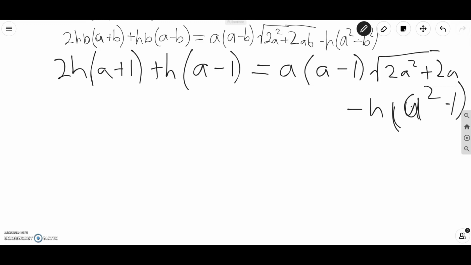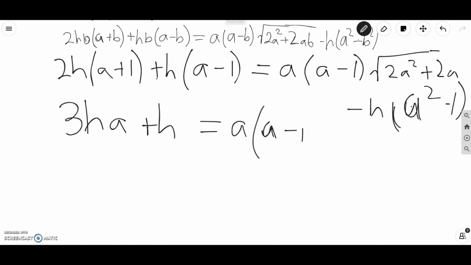So we look for any way we can cancel something out, and we can expand out the left-hand side into 3ha plus h equals a times a minus 1 times the square root of 2. Let's factor the inside.